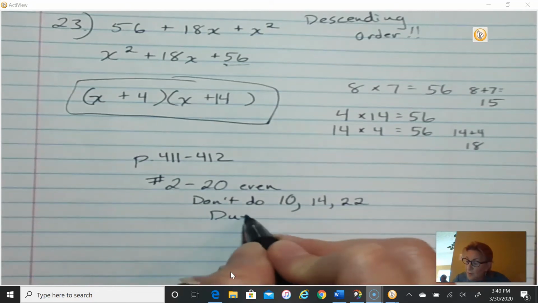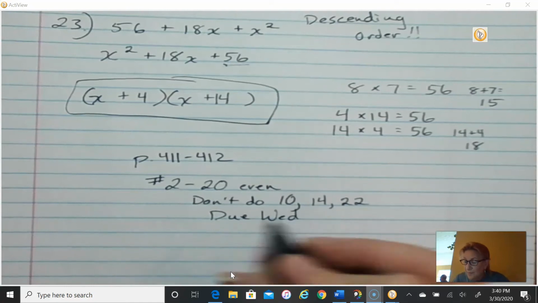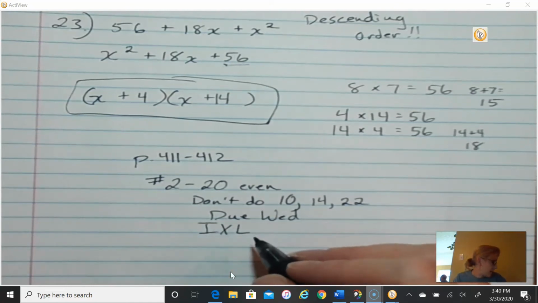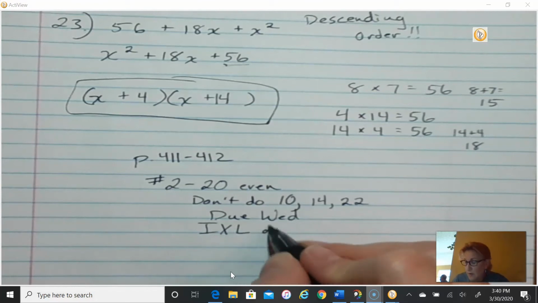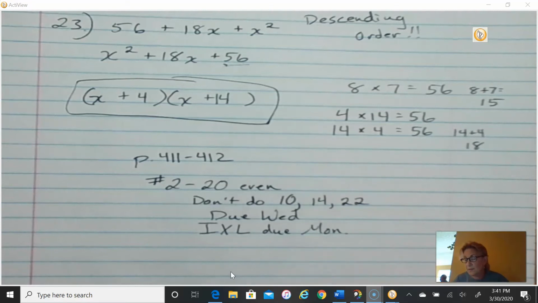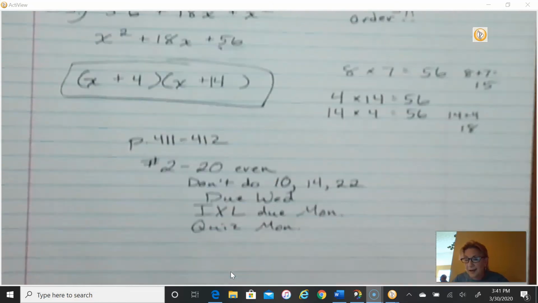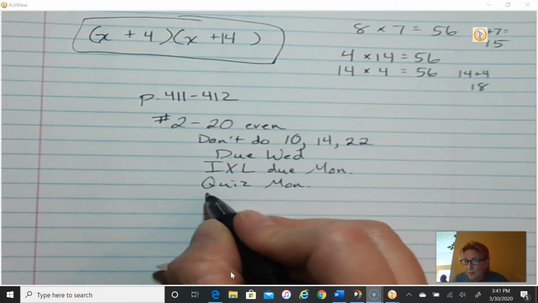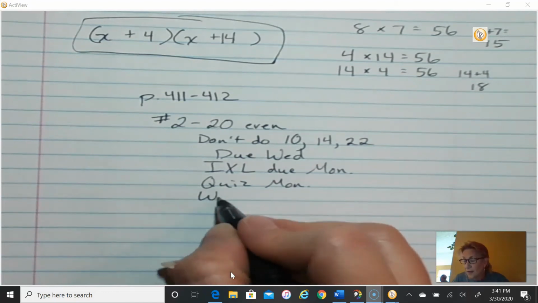It's due Wednesday. You have IXL that is due Monday. You have a quiz on Monday. And it appears that you're going to have a test tentatively, possibly Wednesday of next week.